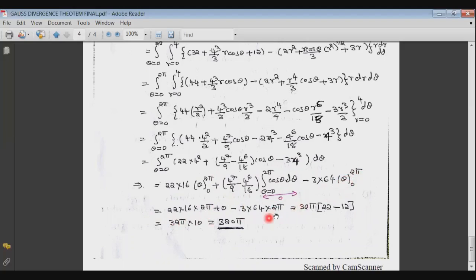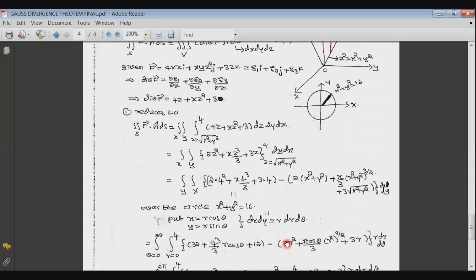In these two terms, if you take 32 pi as the common term, here we get 22, and there 3 into 2 is 6, into 2 is 12. The simplification is 22 minus 12, that is 10, so 32 pi into 10 is 320 pi.